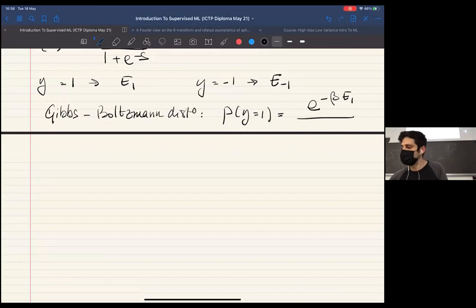So in this case, there are just two states, so it's very easy: exponential minus beta E1 plus exponential minus beta E minus 1.